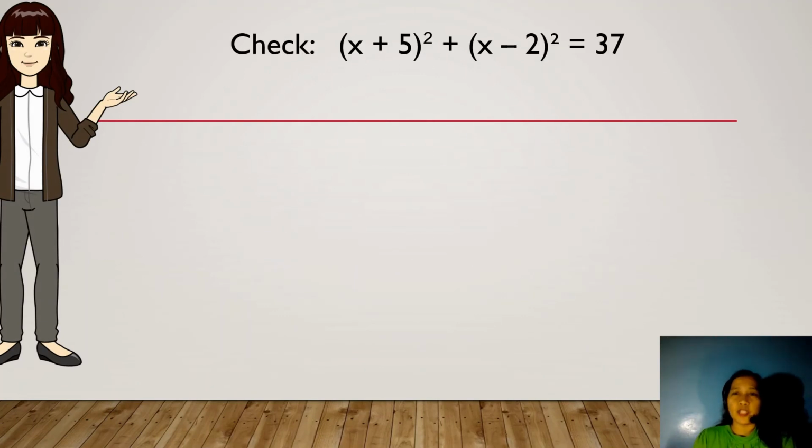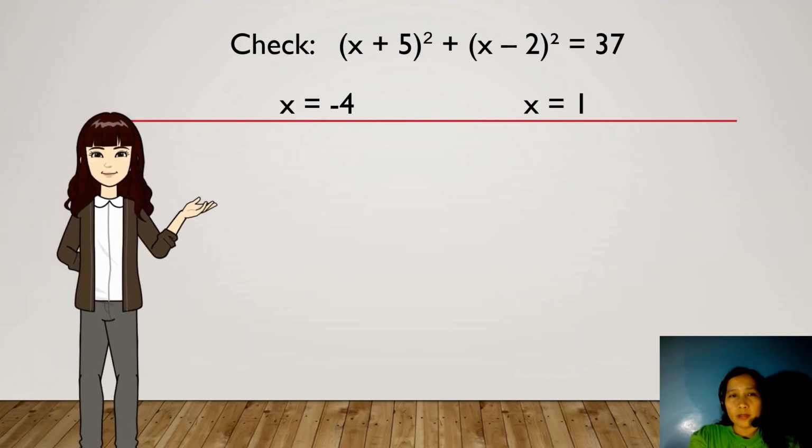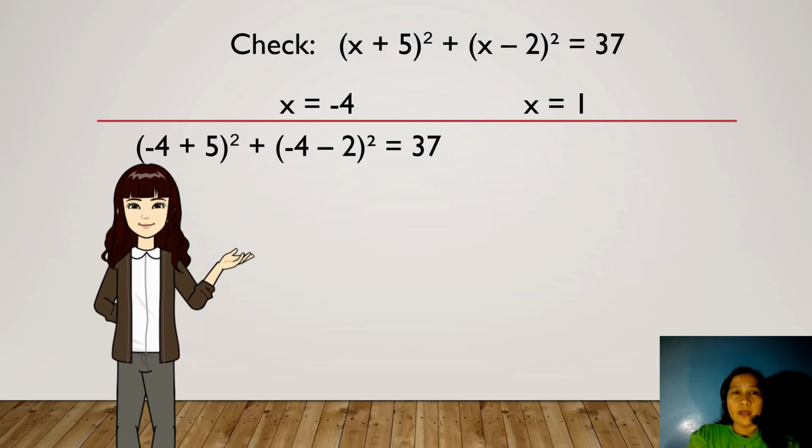Okay, let us check our answers, the two roots in our original equation. Our original equation is x plus 5 quantity squared plus x minus 2 quantity squared is equal to 37. Our roots are negative 4 and 1. From the original equation, your x must be changed into negative 4.